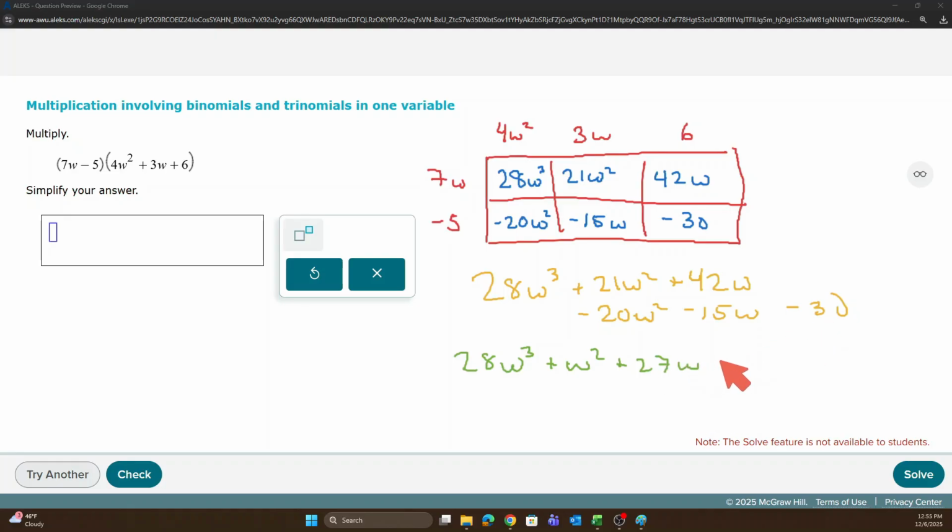And then we have our minus 30 over there. And so this will be our solution: 28w cubed plus w squared plus 27w minus 30.